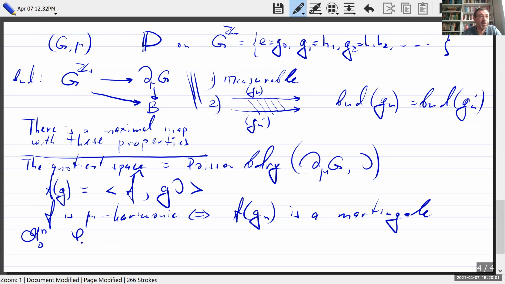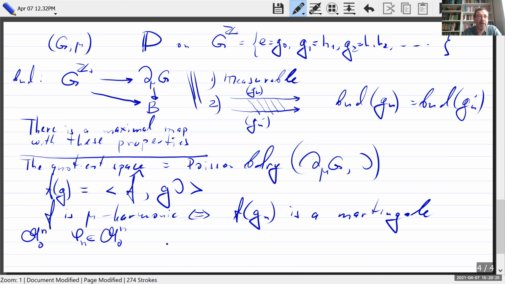Suppose I have a family of functions phi n, such that the function phi n is measurable with respect to the corresponding sigma algebra. In our case, the functions actually depend just on the position at time n, so this is slightly more general.